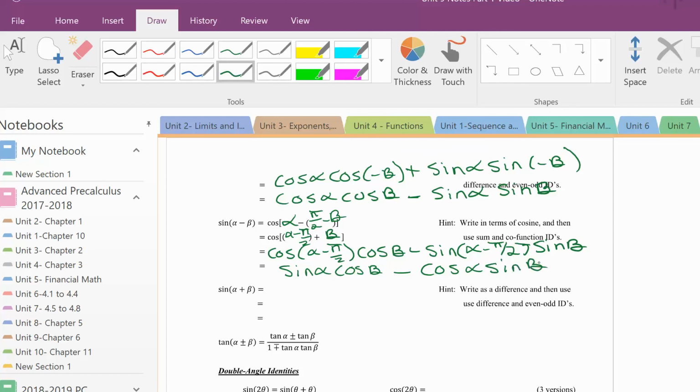And the same thing for sine of alpha plus beta. You could do sine of alpha minus negative beta.